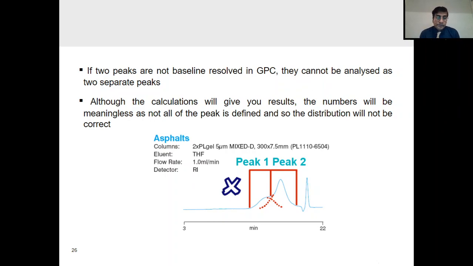We can give you a different peak in the exam, and you just have to tell if this can be resolved or can be used to figure out the molecular weight or not. As I told you, yes, you can figure out the molecular weight, but the molecular weight distribution or the polydispersity index cannot be determined, because it did not completely resolve and touch the baseline.